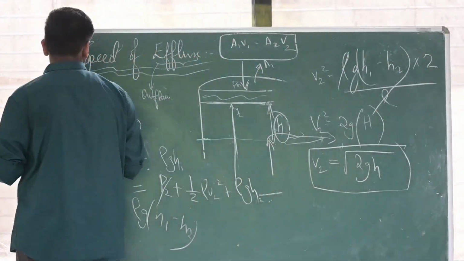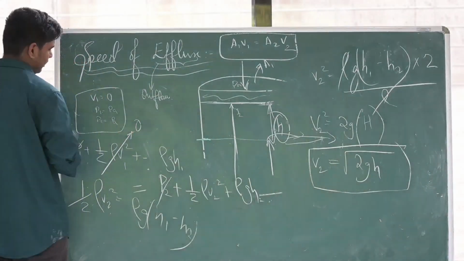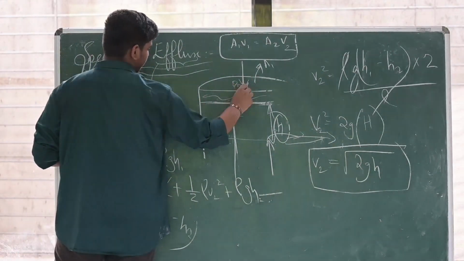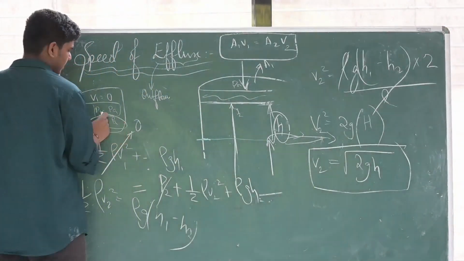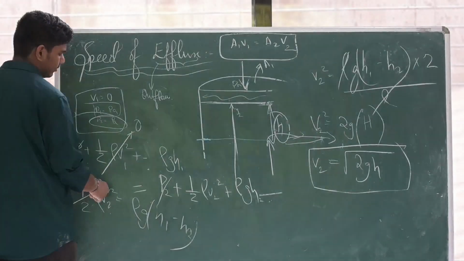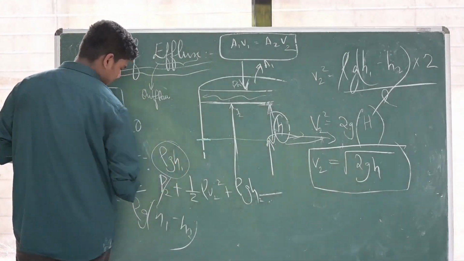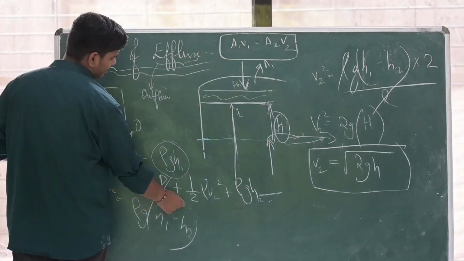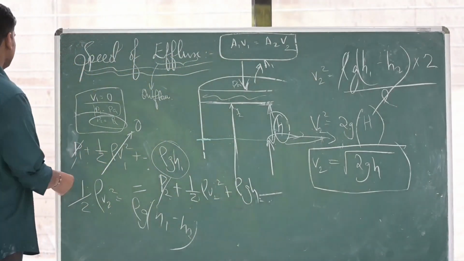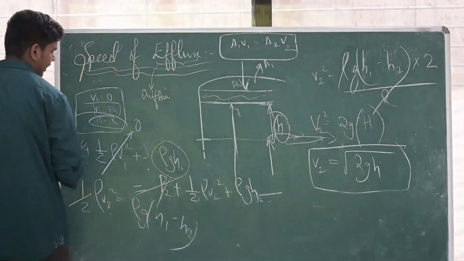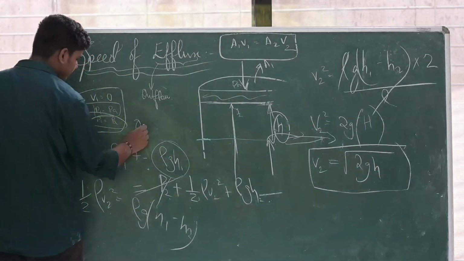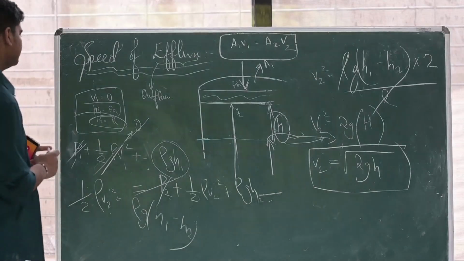Okay? Let us look at what happened here. V1 is 0. Pressure 1, the container is open, so atmospheric pressure. P2 is also atmospheric pressure. So as per Bernoulli's theorem, P1 plus half rho V1 square plus rho G H1 is equal to P2 plus half rho V2 square plus rho G H2. Now we know that P1 and P2 will get cancelled out. Half rho into 0, V1 is 0, so totally this term will be 0.